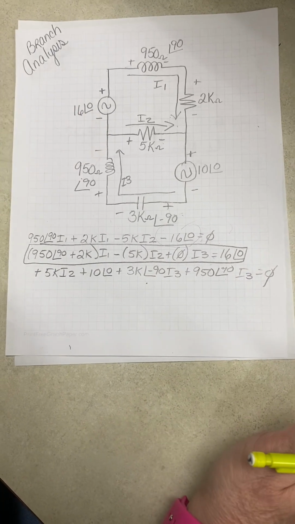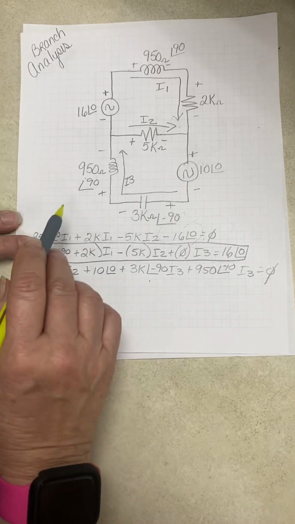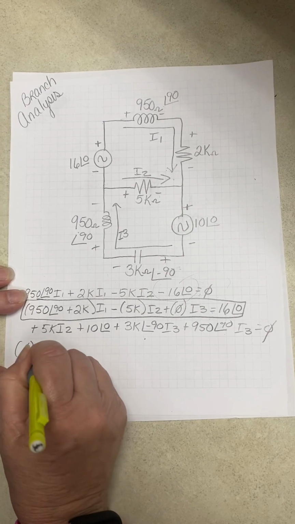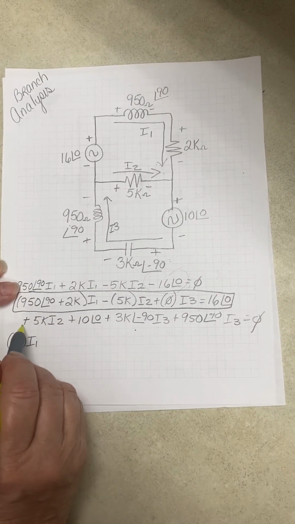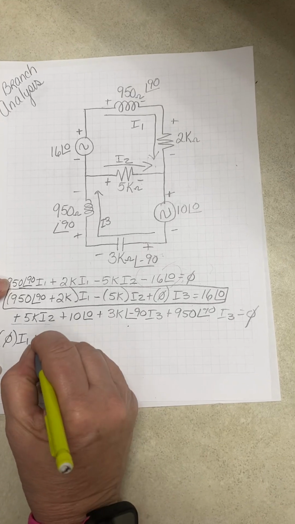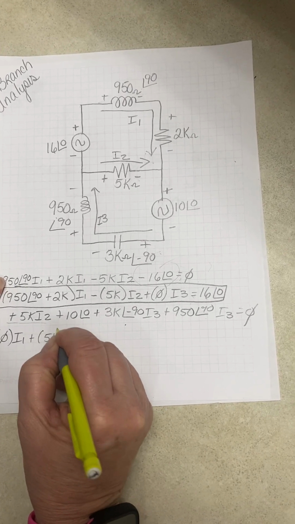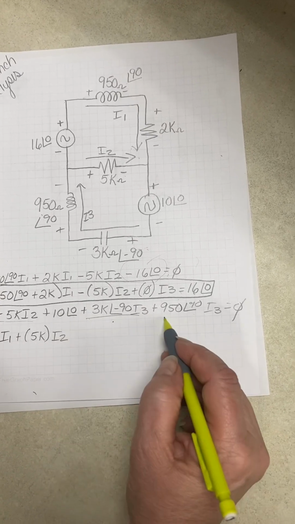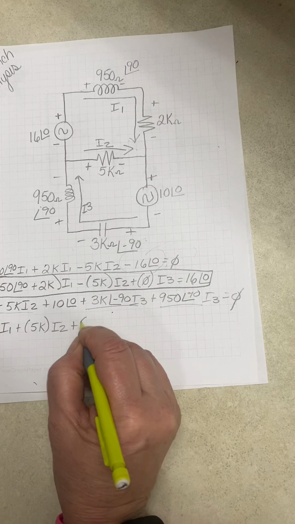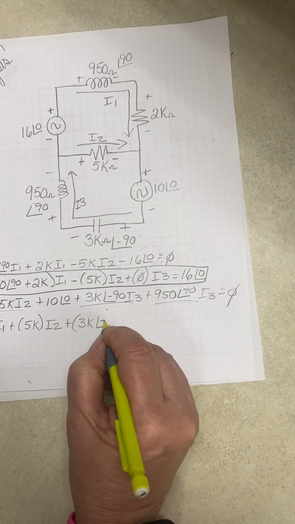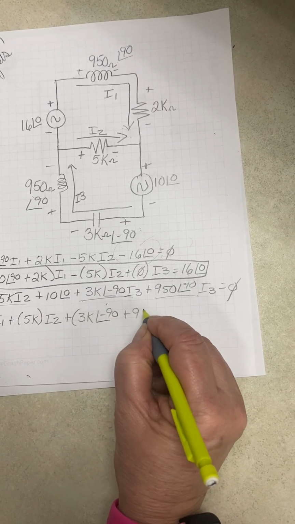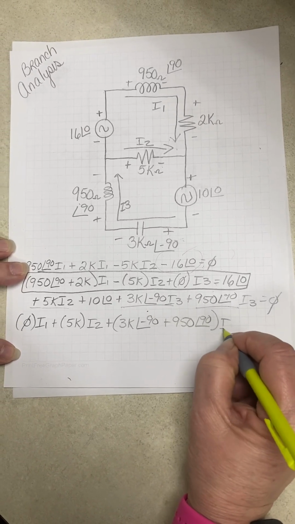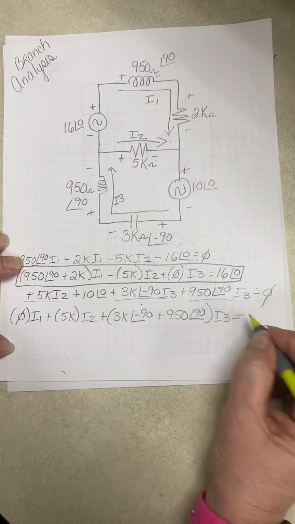Now we fix up our circuit, I1, I2, I3. Notice we didn't touch I1. So it's going to be 0 I1. Here's I2, there's only 1, so it's plus 5K I2. There's 2 current terms for I3, these 2, plus 3K at negative 90 plus 950 at an angle of positive 90, and these are I3, equals the voltage.